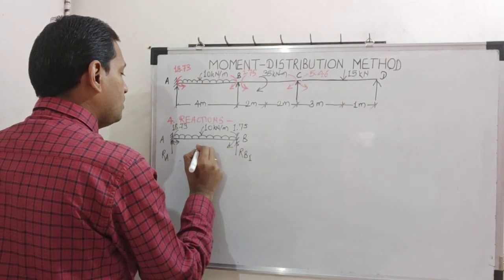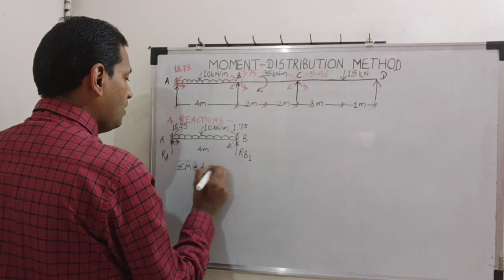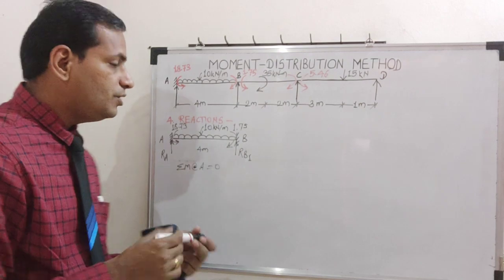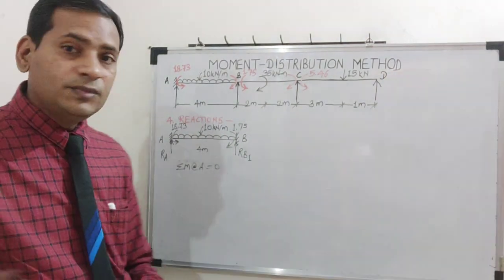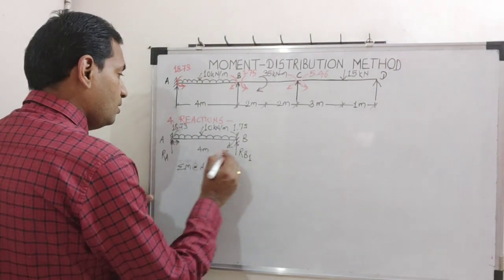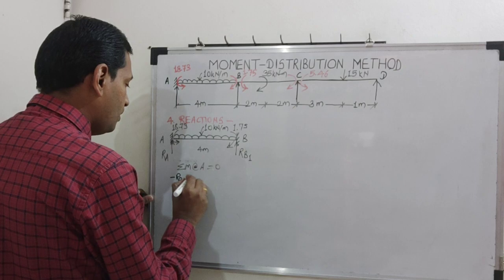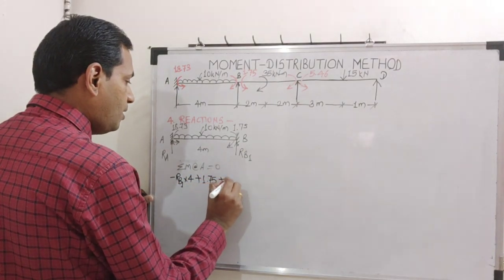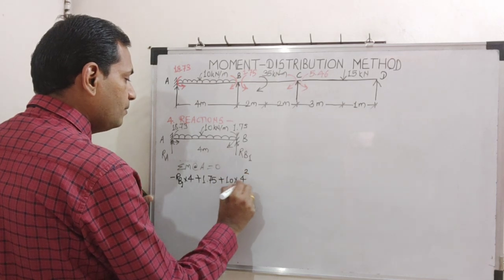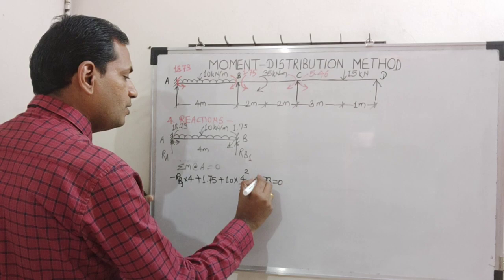So take summation of moment about joint A equal to 0. Write the equation: minus RB1 into 4 plus 1.75 plus 10 into 4 square by 2 minus 18.73 is equal to 0.